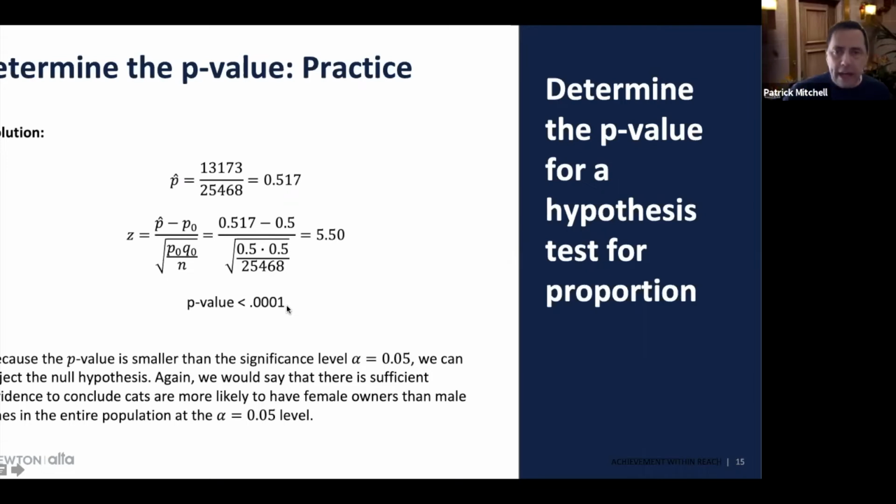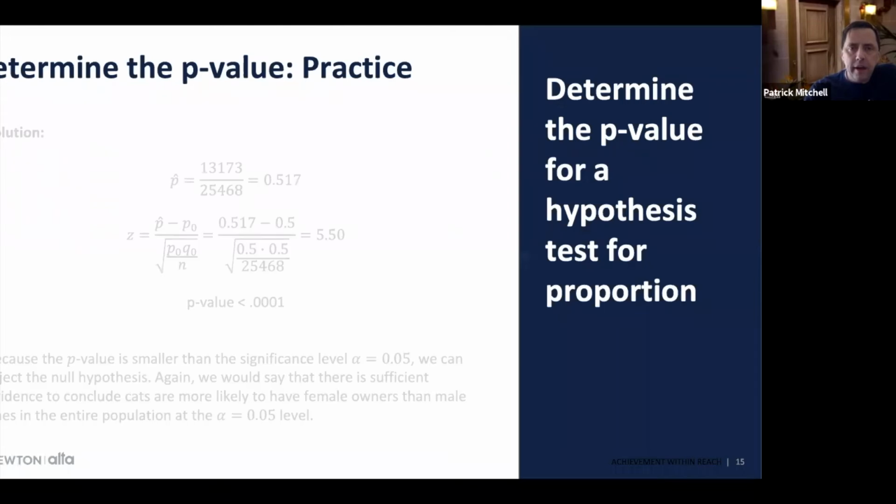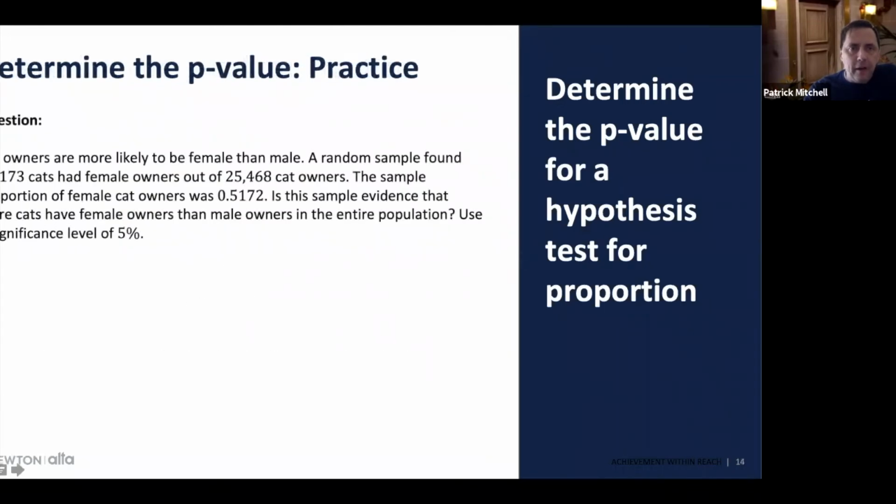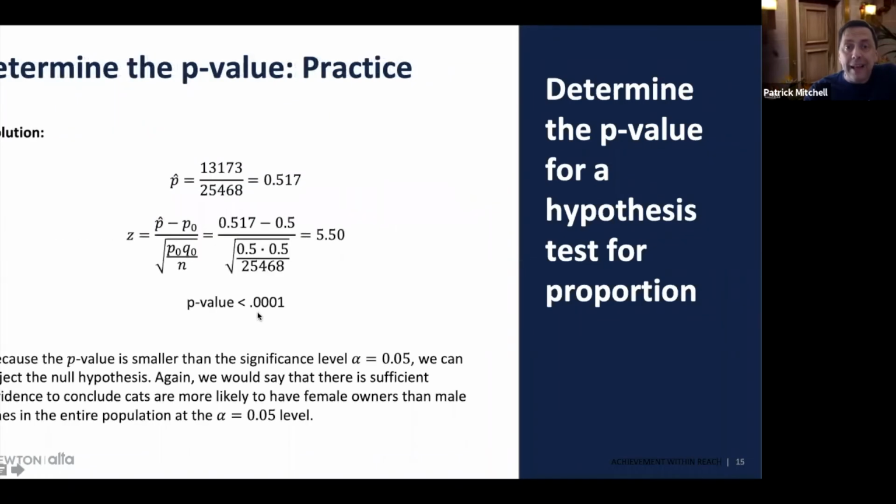If it's true that exactly half of cat owners are female, the probability of having this many female cat owners in a sample of 25,468 would be less than 0.0001. Because that's so unlikely, the more likely scenario is that the proportion of female cat owners is higher than 0.5.